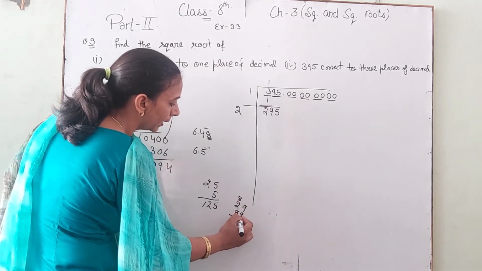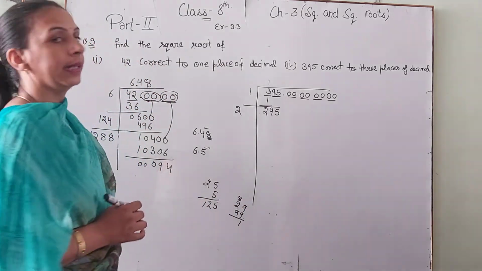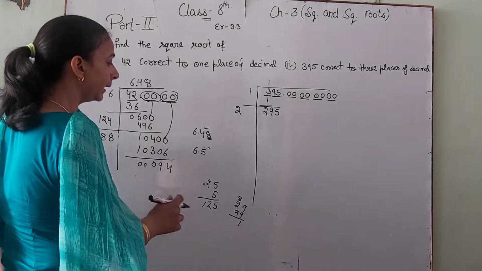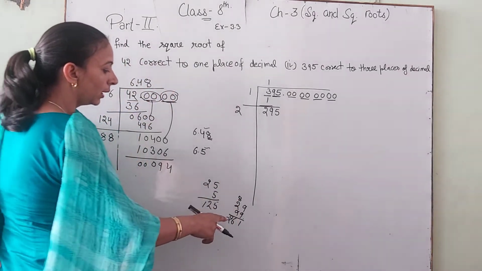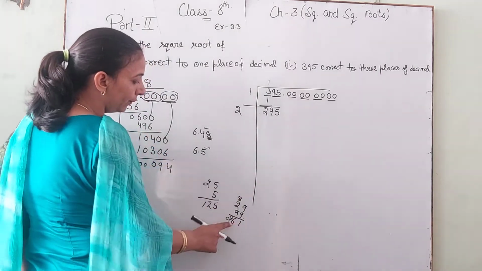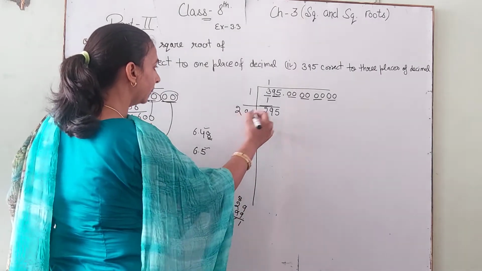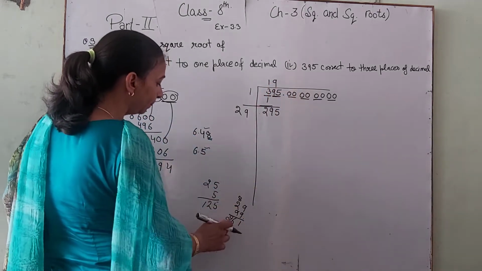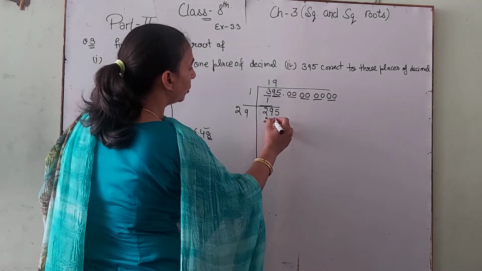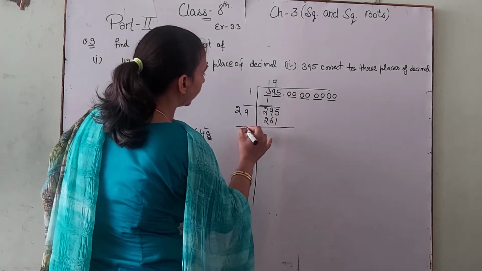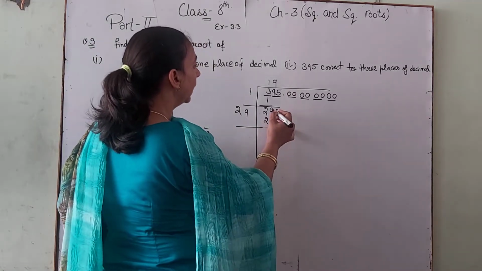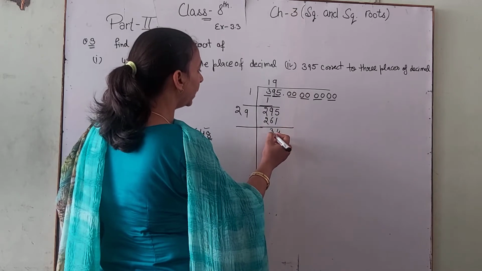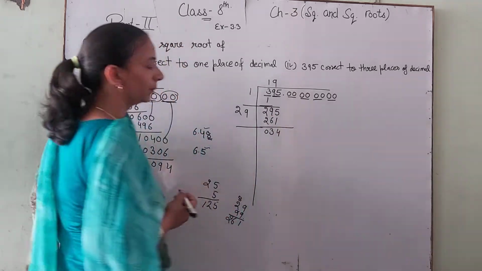Then 8, 9 2 is 18, 18 and 26, that is also less than 295. So we take 9, we will take 9 here, 9 261, 261. Okay, subtract this, 5 minus 1 is 4, 9 minus 6 is 3, then 0.